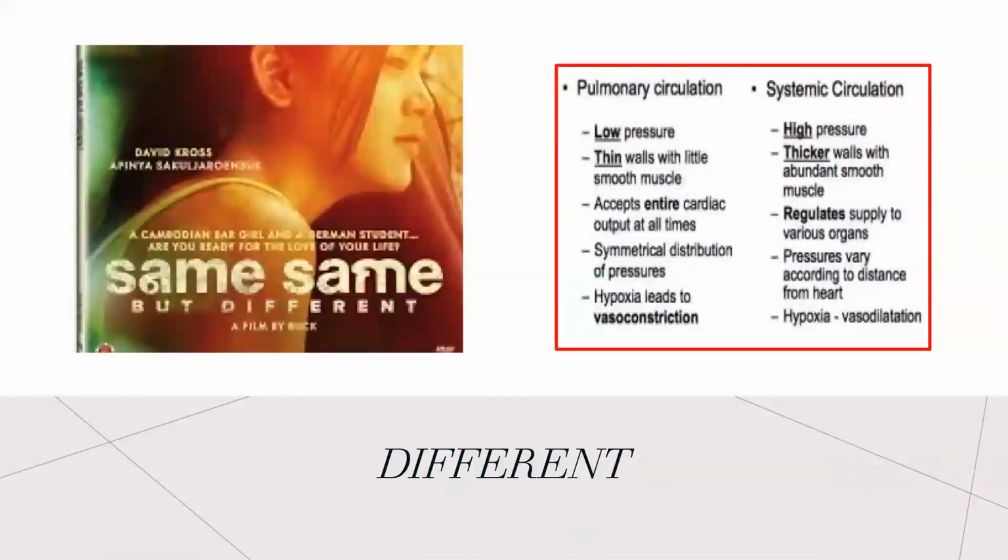The response of the RV to hypoxemia is vasoconstriction. This is different in the LV. The left ventricle is high pressure, thick wall, receiving coronary perfusion only in diastole, and the response of the coronary circulation to hypoxemia is vasodilatation.